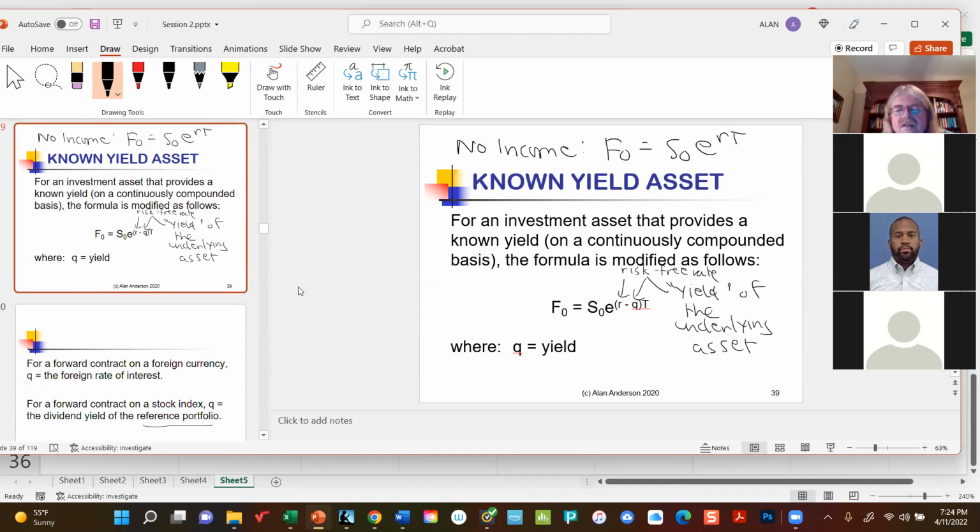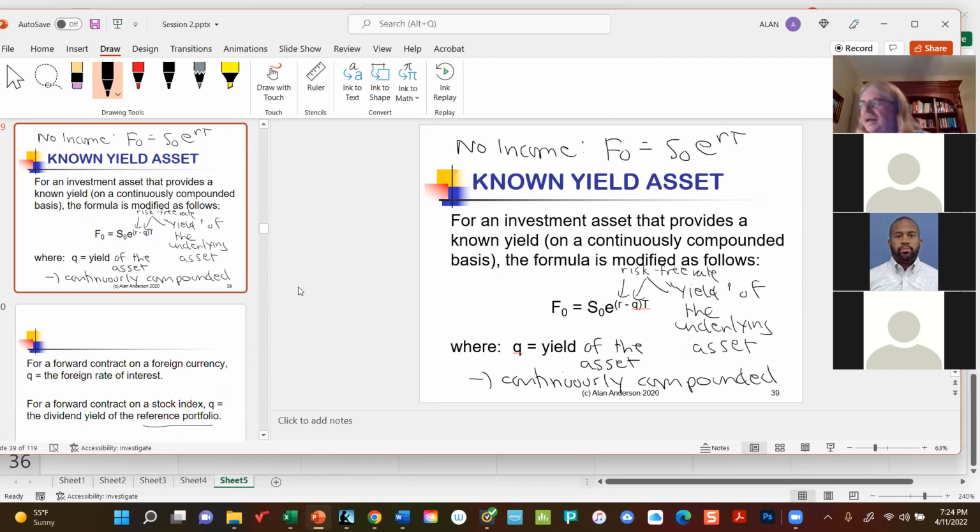What's changed now is the exponent: F0 = S0 e^((r-q)T). Q is the yield of the asset, but again, it is assumed to be, for convenience, continuously compounded.